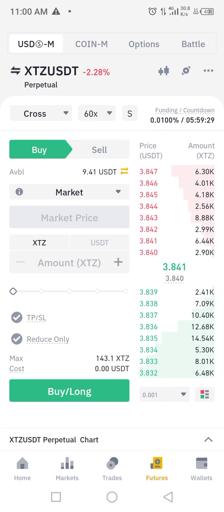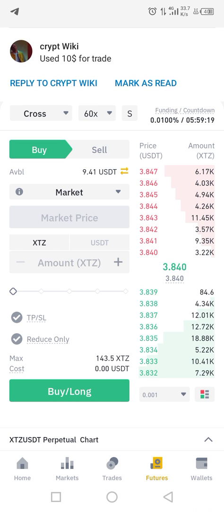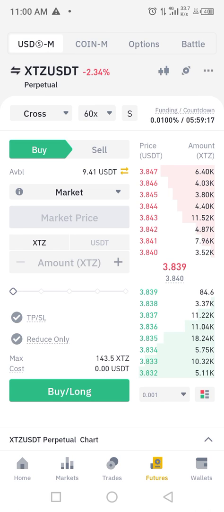That is USDM margin futures. These are futures contracts that are denominated by stable coin, which is USDT or USD. Below it, you have the name of the underlying asset. All assets under USDM are denominated by USDT. So DOT/USDT, BTC/USD.